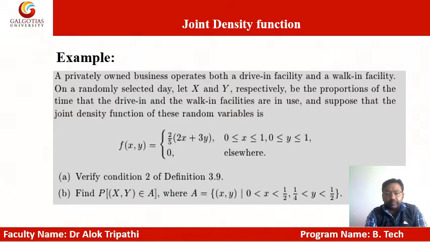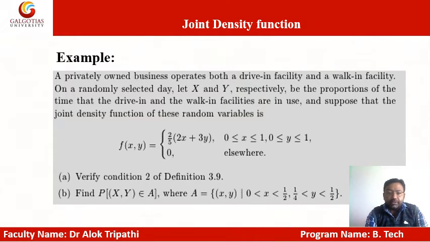Now see this example of a joint probability density function. A privately owned business operates both a drive-in facility and a walk-in facility. On a randomly selected day, let capital X and Y respectively be the proportions of the time that the drive-in and the walk-in facilities are in use.